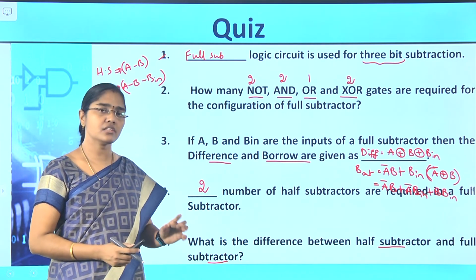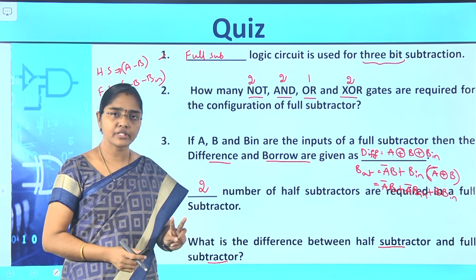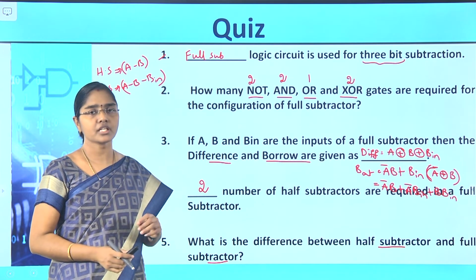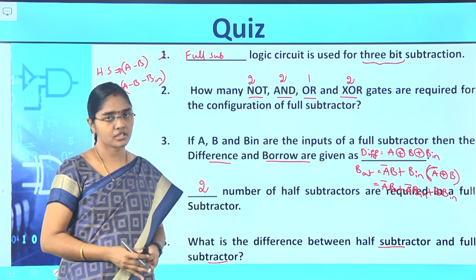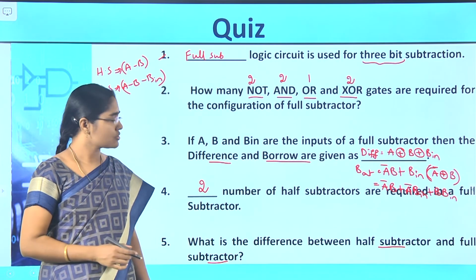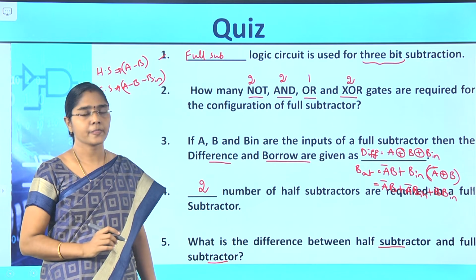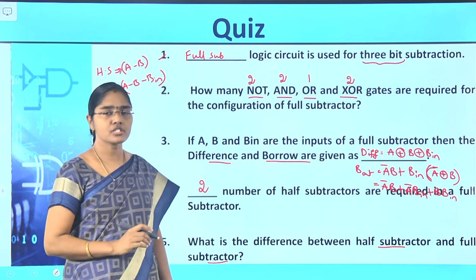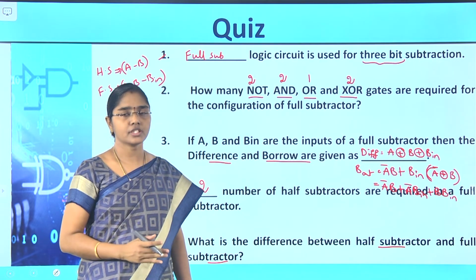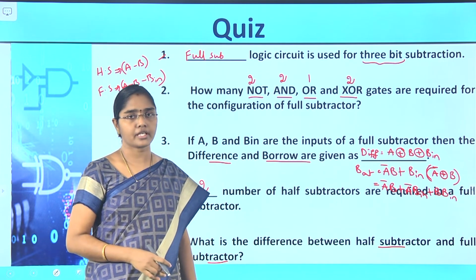So a half subtractor subtracts 2 single-bit numbers and a full subtractor subtracts 3 single-bit numbers at a time. Okay. So that is the difference between half subtractor and full subtractor. So with this we are closing full subtractor. I hope you understood this full subtractor.